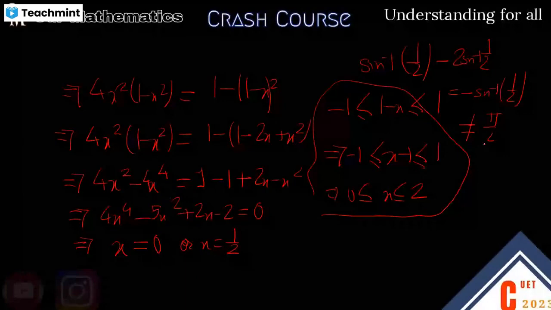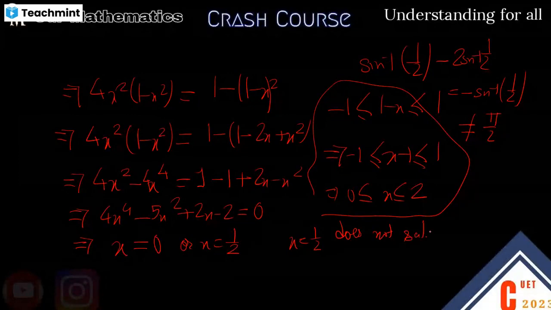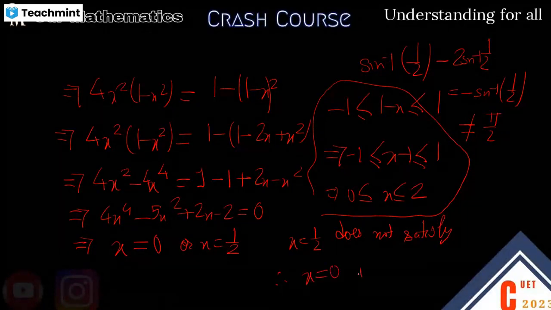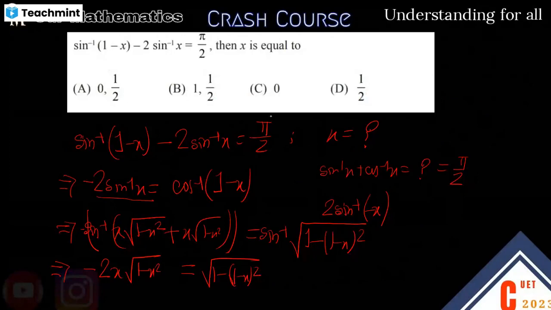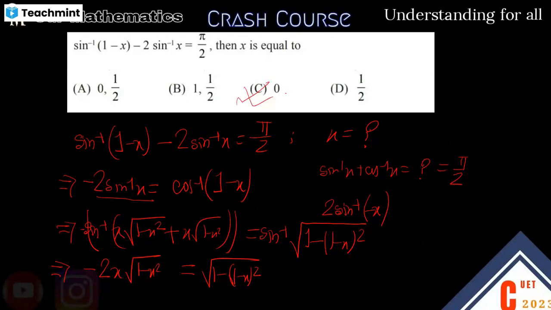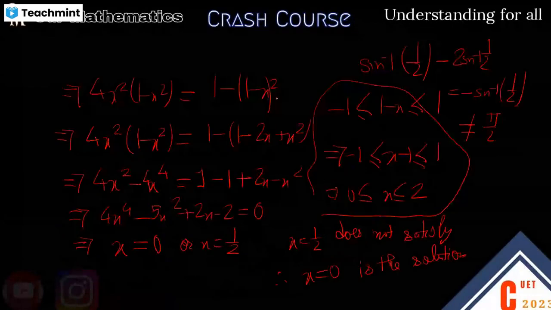That means x is equal to 1 by 2 doesn't satisfy the given equation. Therefore, x is equal to 0 is the solution. Therefore, C, 0, is the correct answer. Right? Okay.